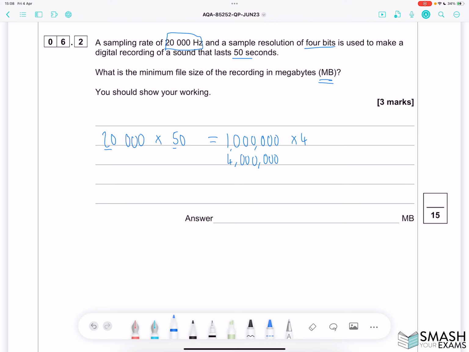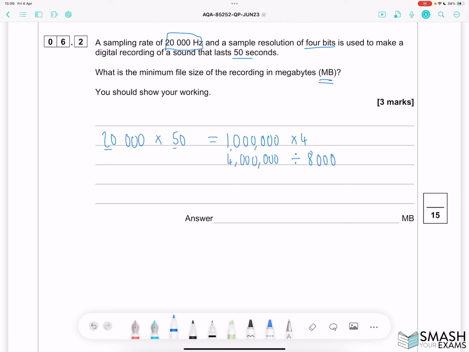Perfect. Now, at that point, because we're working in bits here, we want to get this into bytes, and then we'll figure it into megabytes from there. So I'm going to base this on dividing it by, now there's 2 ways I can do this. I can divide it by 8, or I can divide it by 8,000, because that's going to give me straight into kilobytes, then I can get it in megabytes directly.